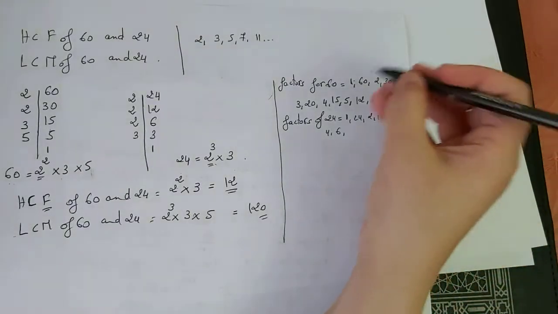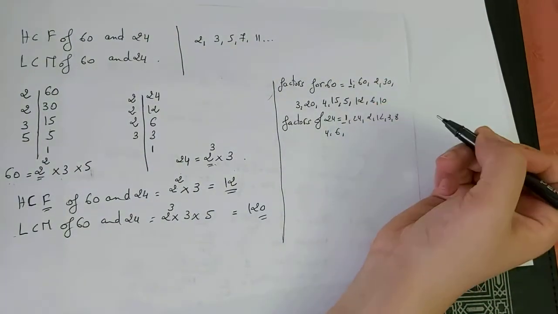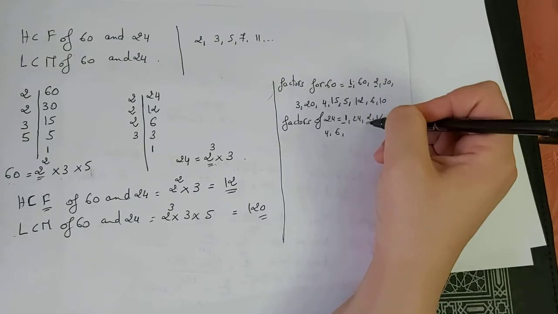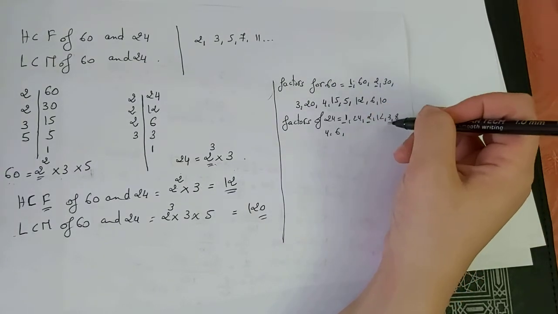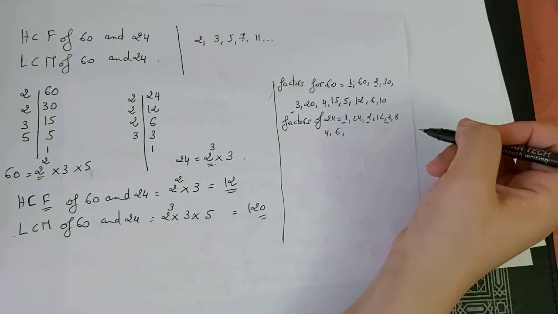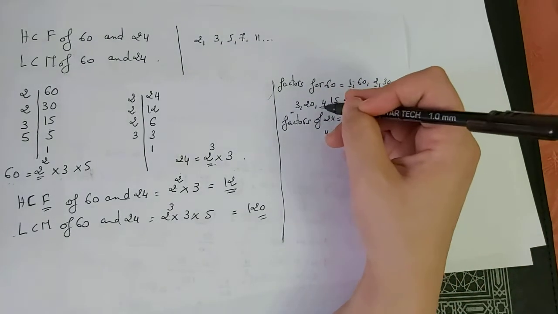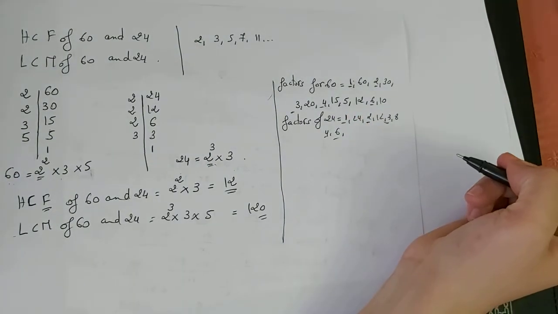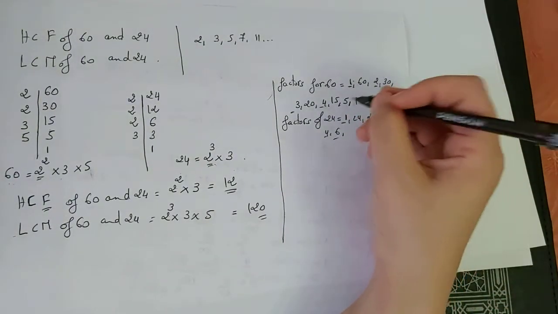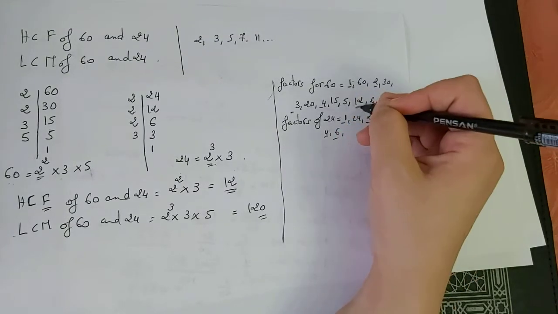Common factors are 1, 2, 3, 4 and 6, and I have the 12. Where's the 12? Yeah, it's here.